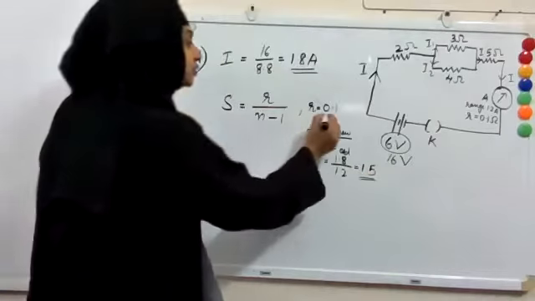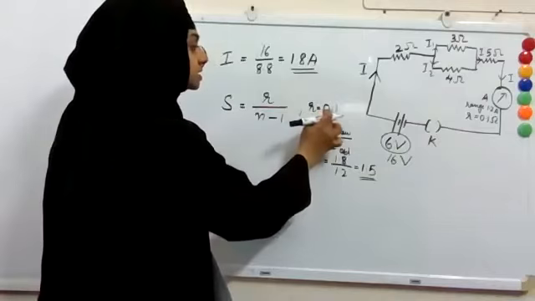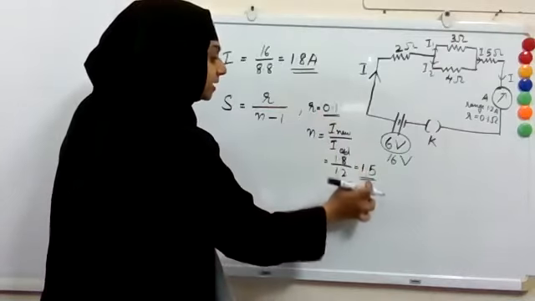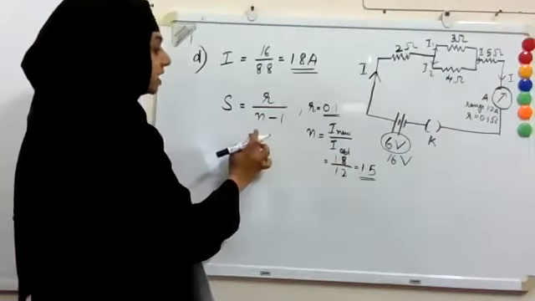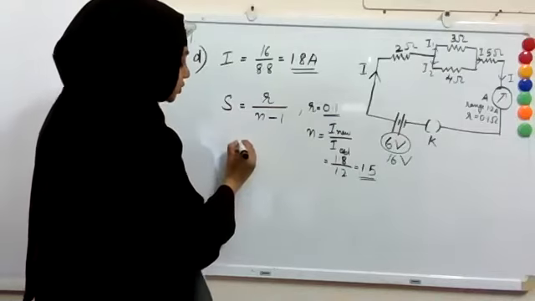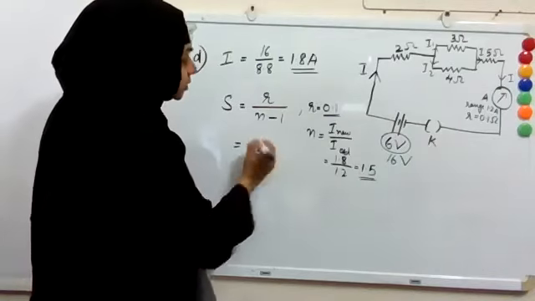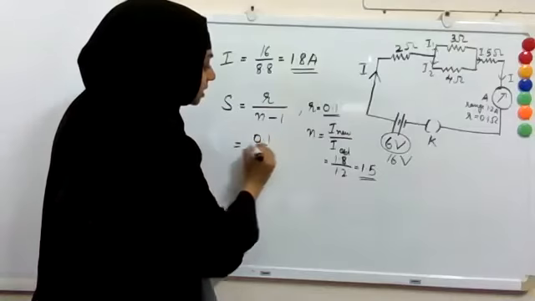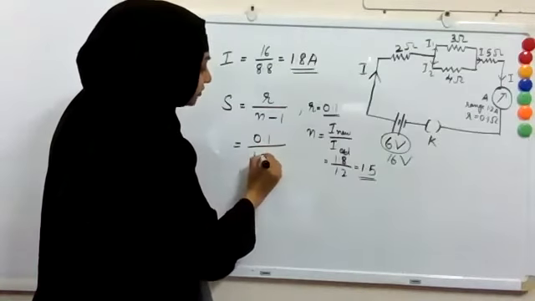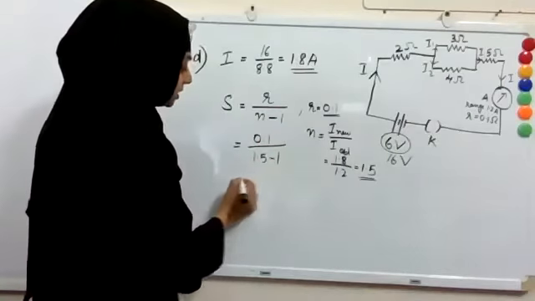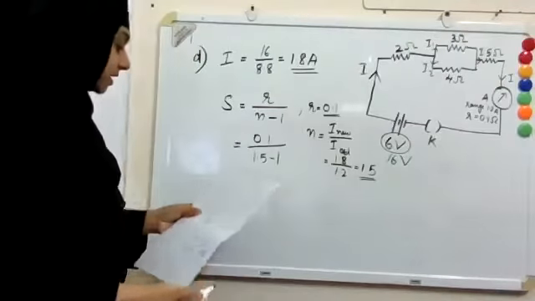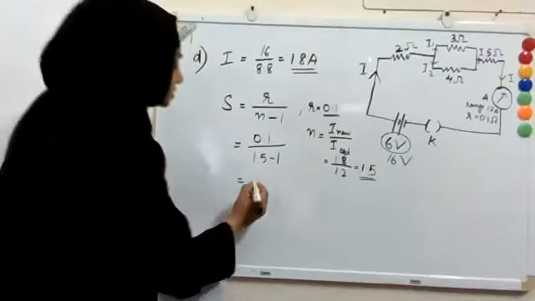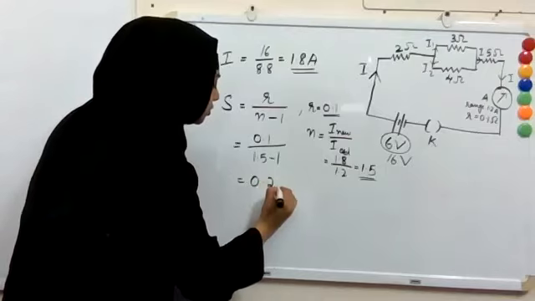So you have to use these two values. R is equal to 0.1 and n is equal to 1.5 in this equation. So you will get this as equal to 0.1 divided by 1.5 minus 1. And this you will get as 0.2 ohm.